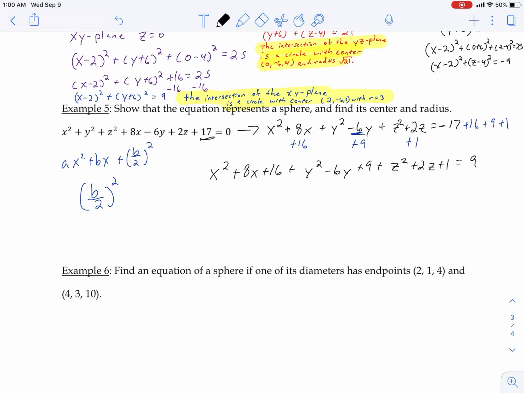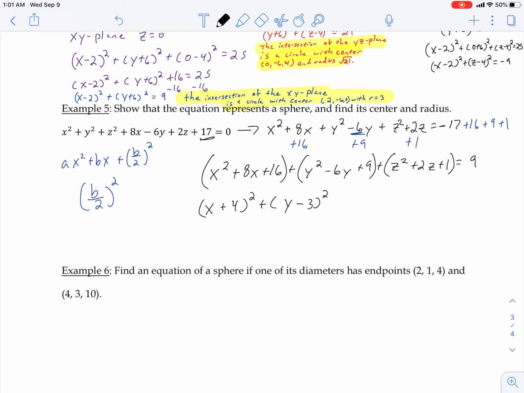And now what I can do is I can go ahead and factor this into x plus 4 squared. I can go ahead and factor my y's now to be y minus, it's always going to take on the value that's in front of your middle term. So y minus 3 squared.